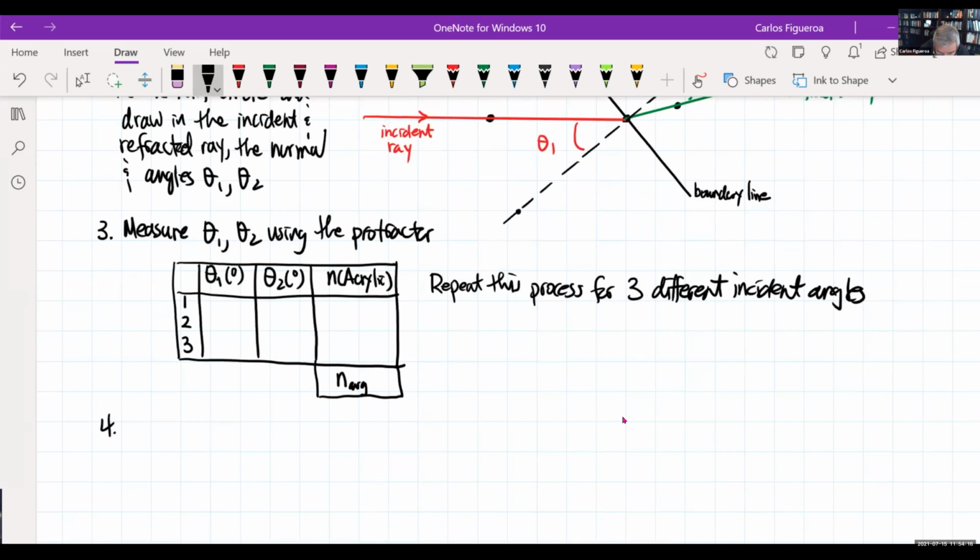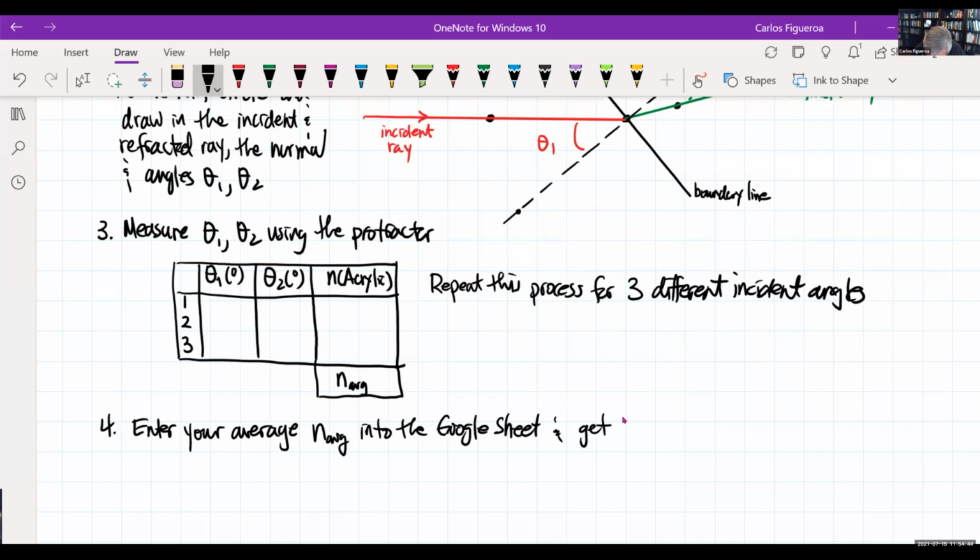And then what you want to do is enter your average into the Google Sheet for this class and get n of class plus or minus 2 standard deviations of the mean, like this.